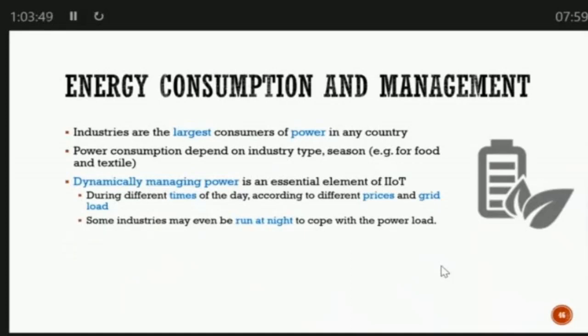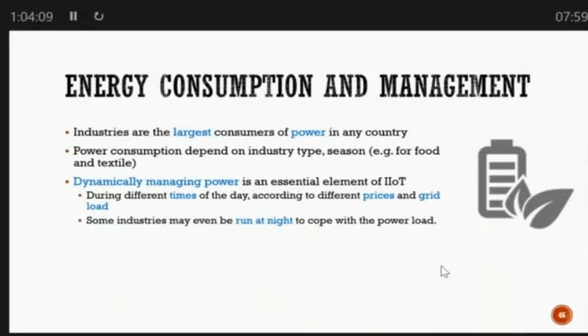So one of the key things would be to find alternate energy resources, for example, solar energy or rechargeable energy. In the same way, we need to be able to determine whether a certain scenario might be better to run at a particular time.